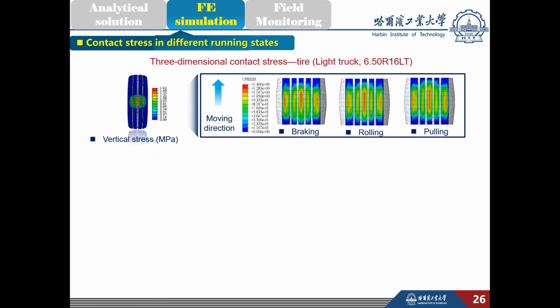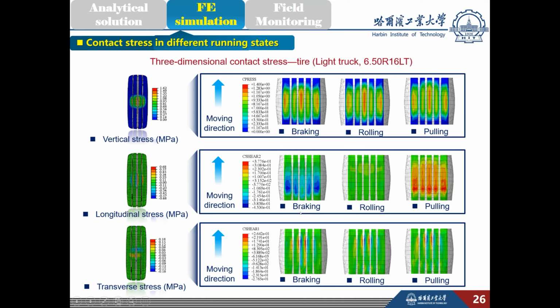Based on the calibrated tire model, we carry out further finite element simulation, including braking, rolling, and pulling within the Abaqus platform. This slide takes one light truck as an example. The effect of different running states on contact stress distribution could be observed here. The main difference among these three states is the longitudinal stress.